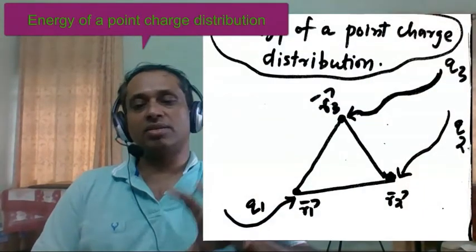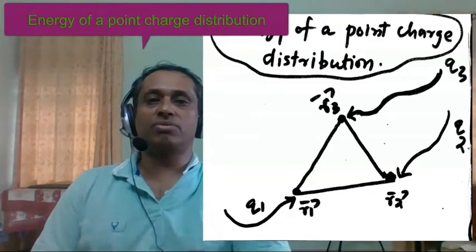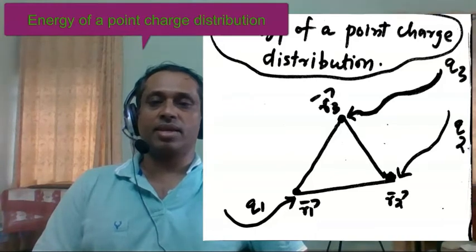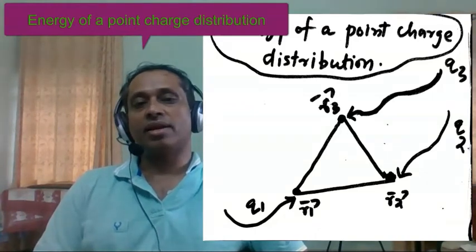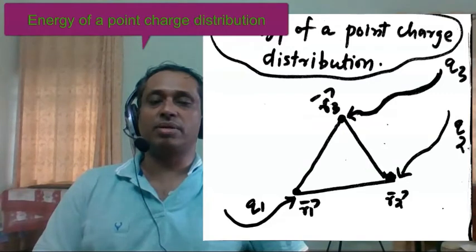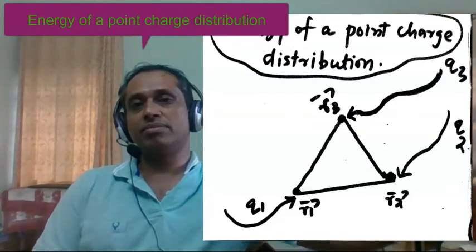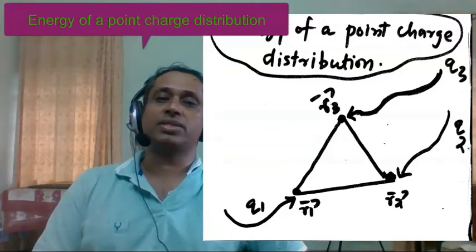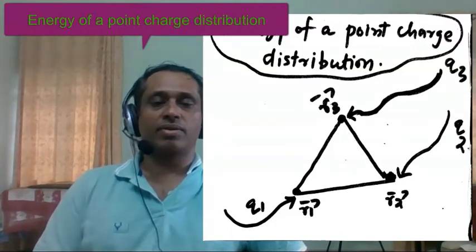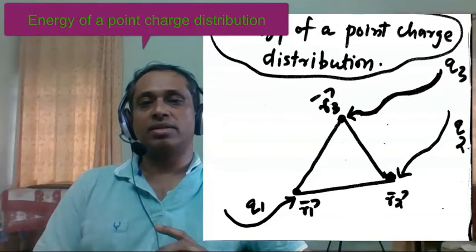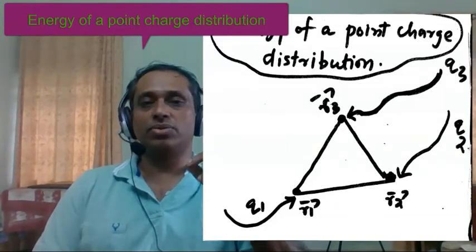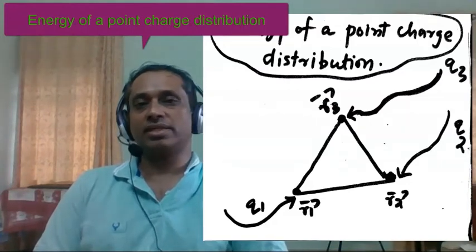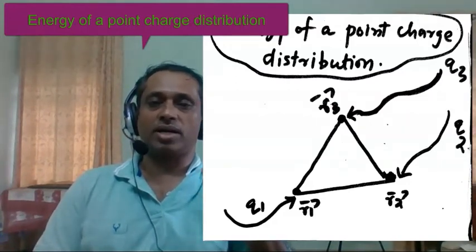We have an assembly, suppose that we have an assembly of charges, Q1, Q2, Q3, etc. And actually we are assembling these charges by bringing them from infinity to their respective positions. We consider an assembly of three charges, Q1, Q2, Q3, and position vectors R1, R2 and R3.